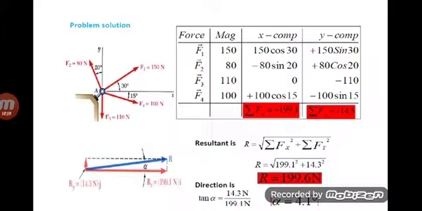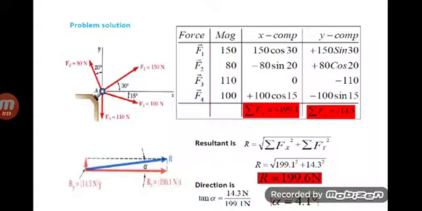Then the F3 magnitude is 110. It is along the Y direction, so there is no X component, only a Y component, and it is in the minus Y direction, that is the downward direction, so it is minus 110. Then consider the F4 force, whose magnitude is 100.